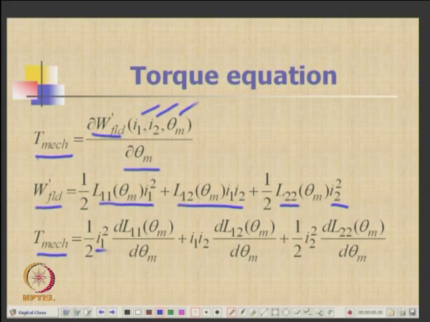Therefore, mechanical torque will be I1 square dL11 by d theta, I1 I2 dL12 by d theta and I2 square dL22 by d theta, right. So, the inductance gradient is now the important parameter for producing the torque.